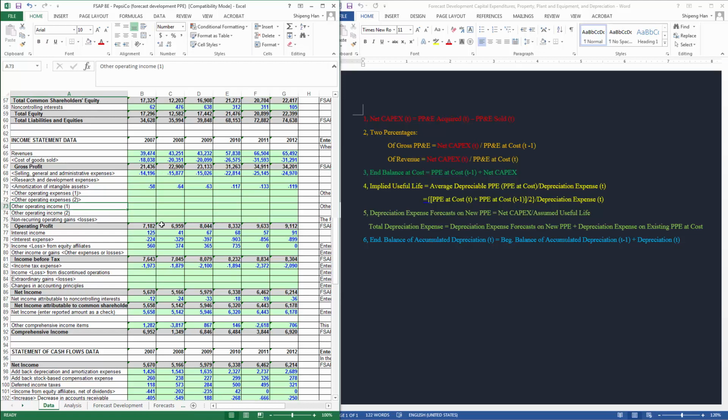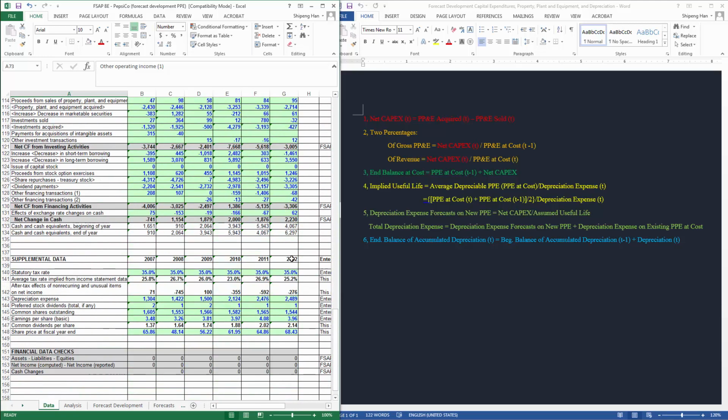But we can find out the depreciation in the financial statement notes. So you can search the notes to find out the depreciation expense. Company should disclose in the notes if they do not report it in their financial statement.